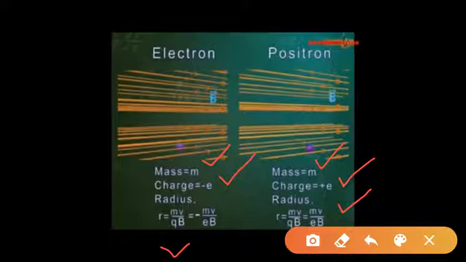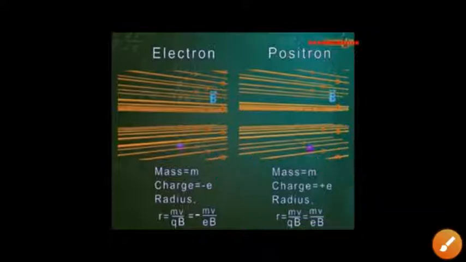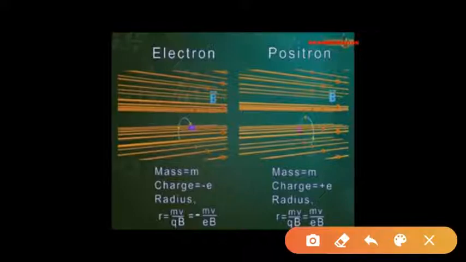Therefore the magnitude of the radius will be same for these two particles, but the direction they are following will be different. Positron will move in anti-clockwise direction and electron will move in clockwise direction. You can verify this direction using right hand rule. Okay, but both of these particles will be having the same radius.